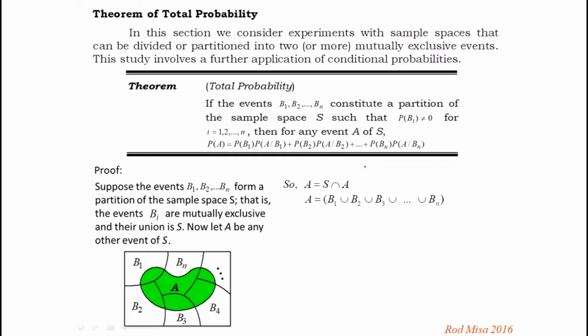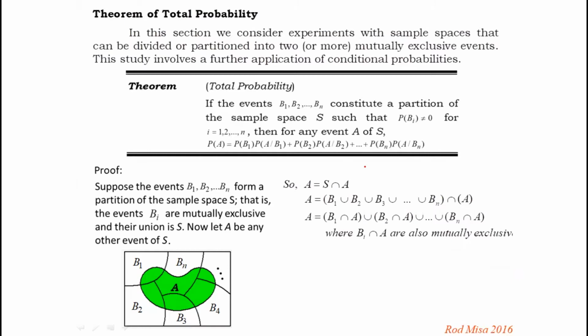And this will be intersected with the event A. So applying the distributive property for these sets, we have B sub 1 intersected with A, union, B sub 2 intersected with A, union, and so on and so forth to the last intersection, which is B sub n intersected with event A. And we know that B sub i intersection with A are also mutually exclusive events.